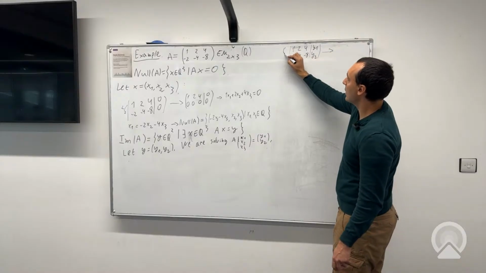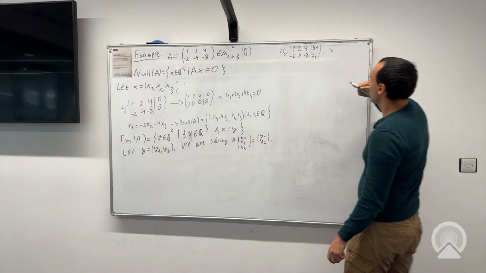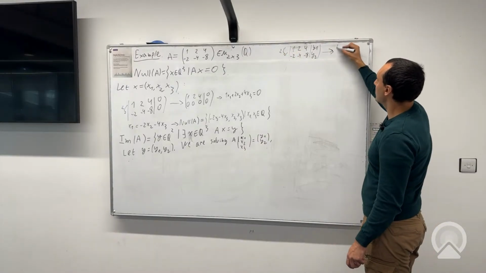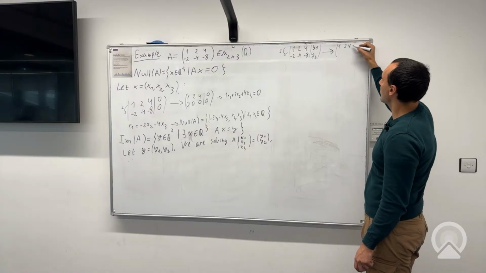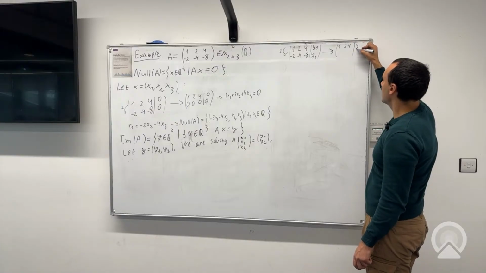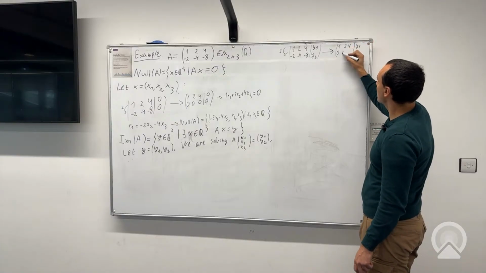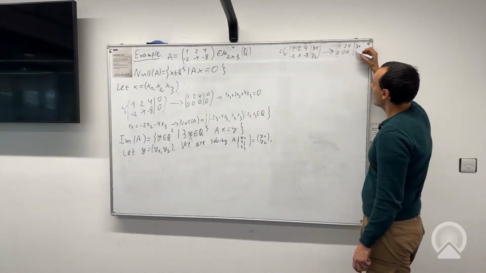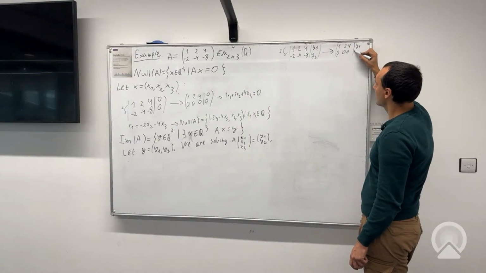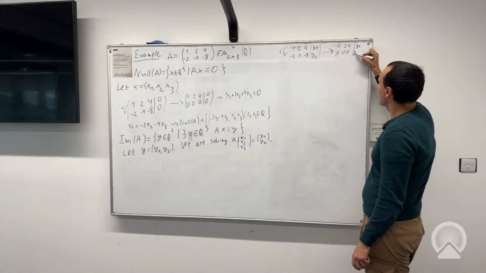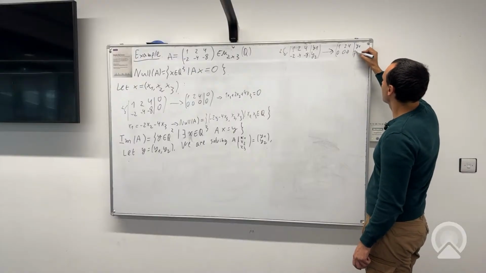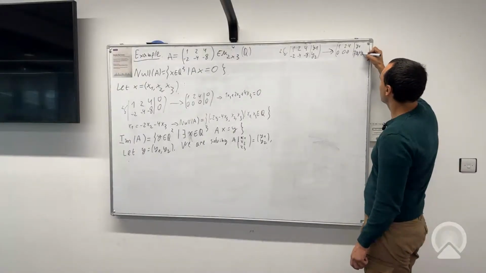And again, I multiply this by 2, and so I get 1, 2, 4, by the Gauss method, and 0, 0, 0, y1, 2y1 plus y2.